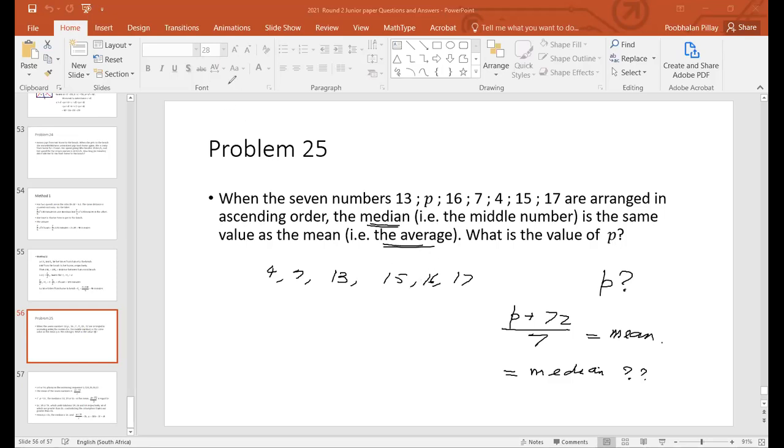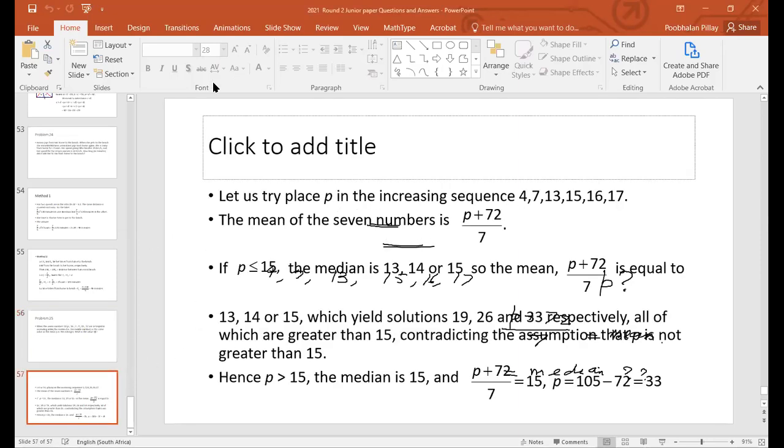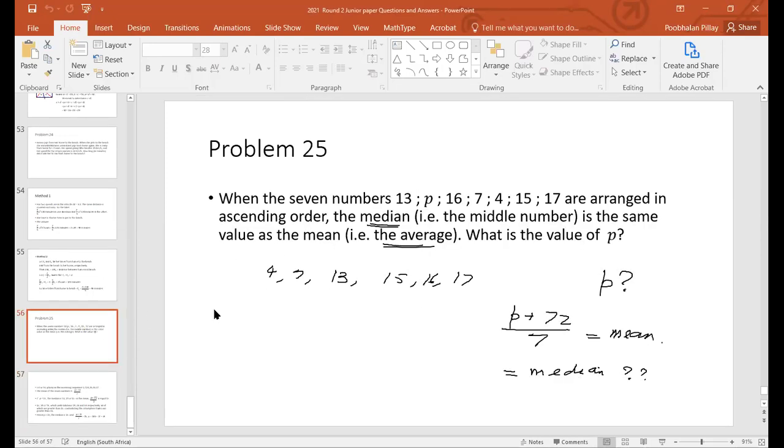Then we don't know whether P is to the left or to the right of this thing here. So P is either to the left on this side or to the right.